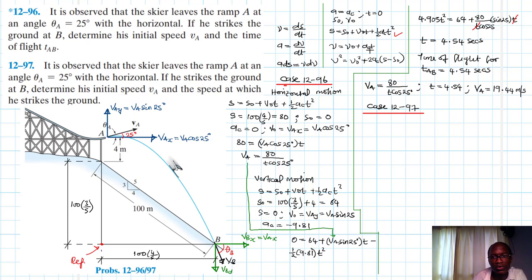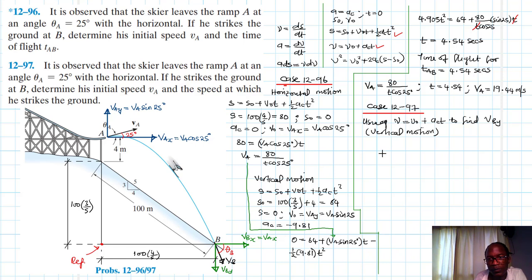So we are going to use this equation, V equal to V naught plus ACT, to find VBY. Mind you, we are dealing with vertical motion.